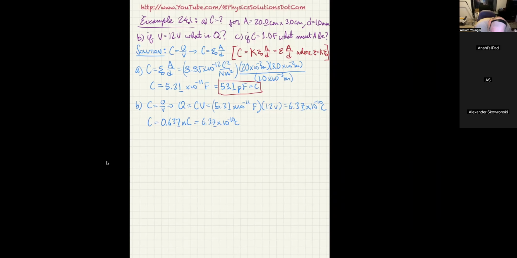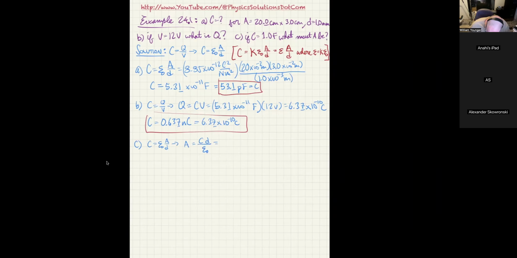All right, so that's how we get the actual charge. And finally, for part C, we want to know what area would be required for this capacitor to actually have a 1 microfarad, or excuse me, a 1 farad capacitance. So C equals epsilon 0 A over D implies A should be C D over epsilon 0.